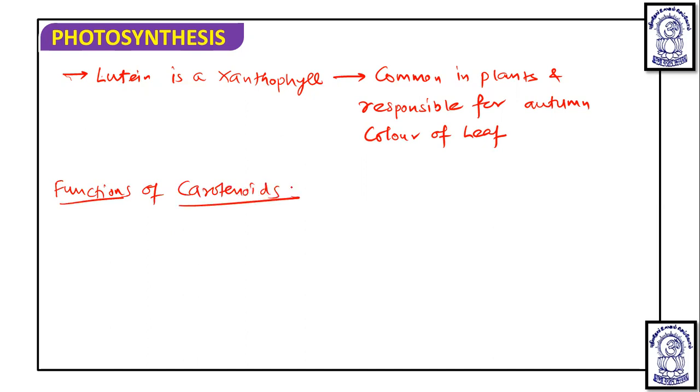Now, if we talk about the functions of carotenoids, then they are accessory pigments. They make photosynthesis more efficient by absorbing different wavelengths of light, and they provide energy to the reaction center.